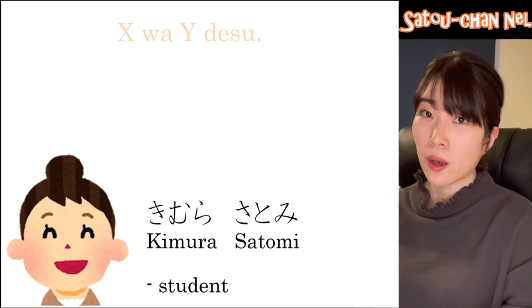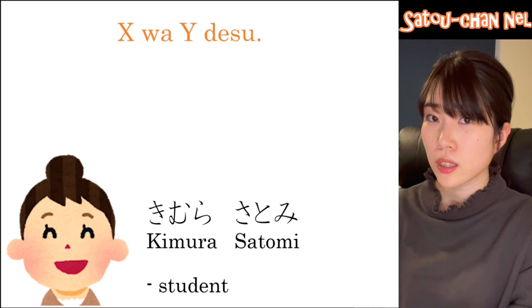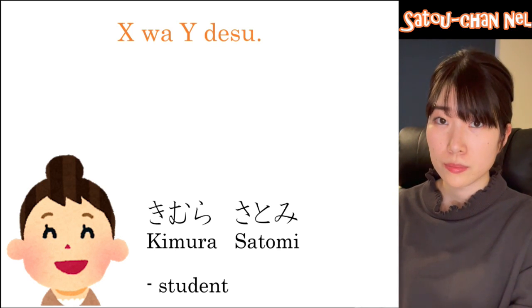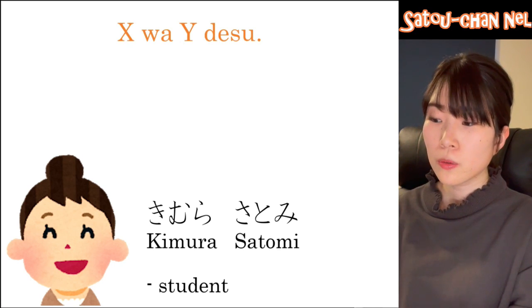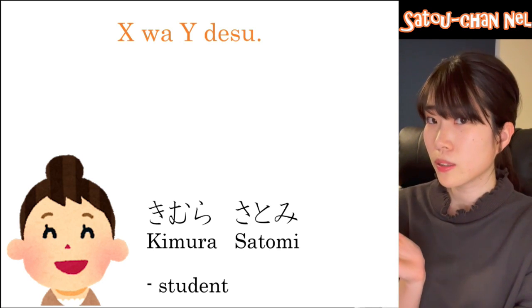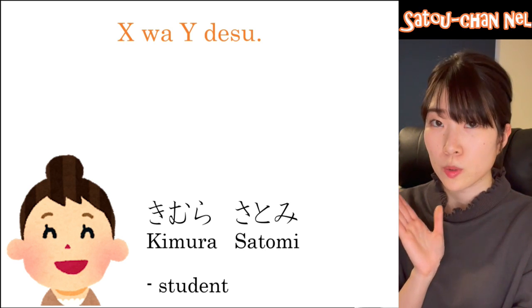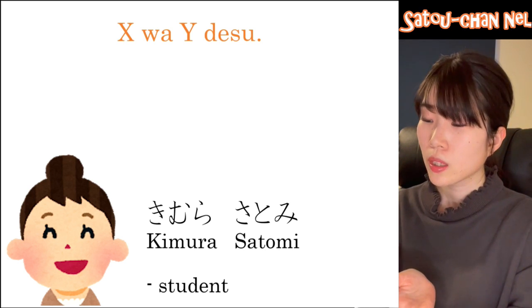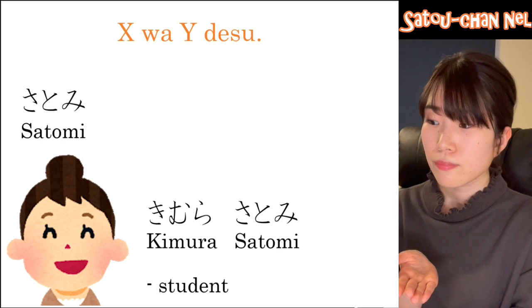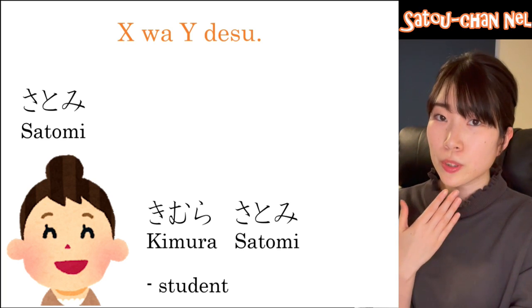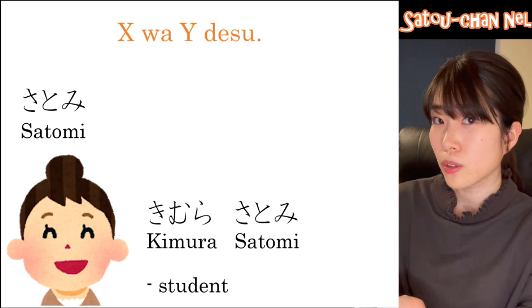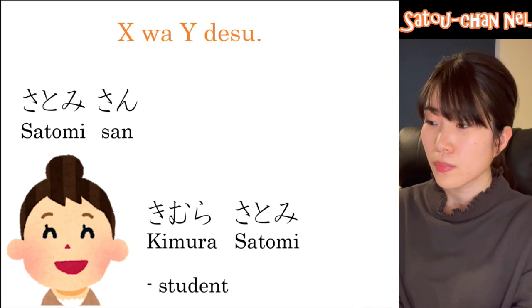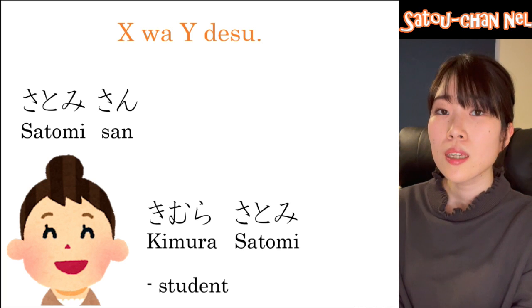First you have to use this sentence structure, X wa Y desu. X is a topic. So now we are going to talk about this girl, so we have to put her name first. Satomi. And in order to show some politeness, because she's not your close friend, Satomi-san.